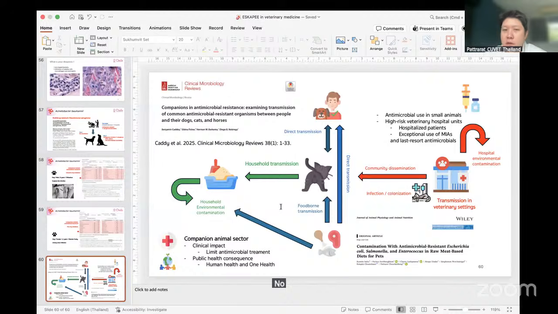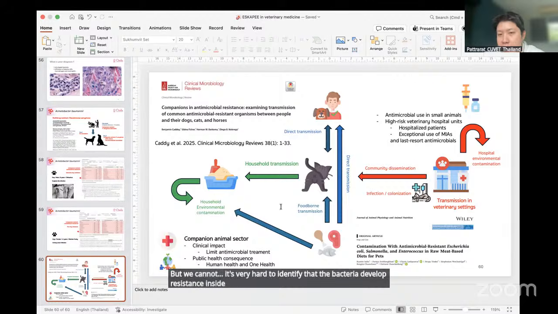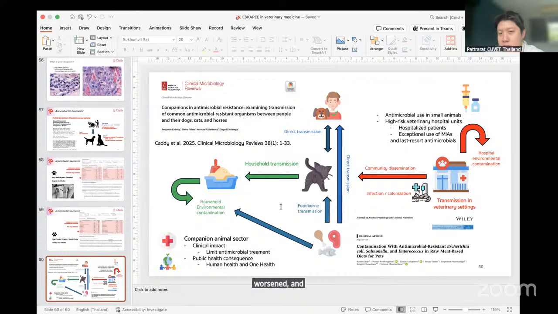The development of resistance, we will know after we do the susceptibility testing and choose the right drug to help save the animals. But it is very hard to identify that the bacteria developed resistance inside the animal body and caused worsening, death, and fatal outcomes.